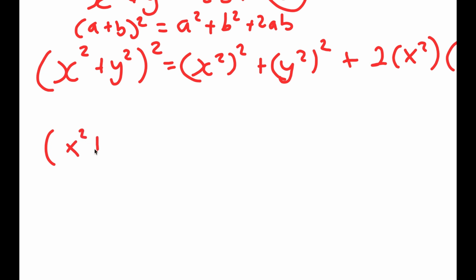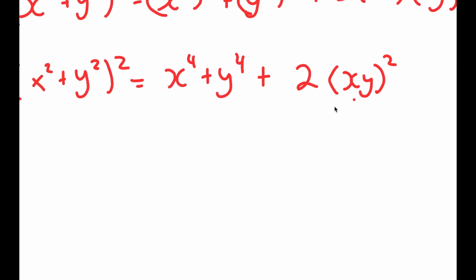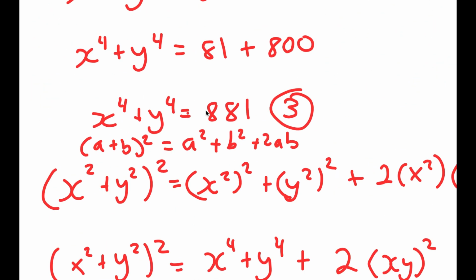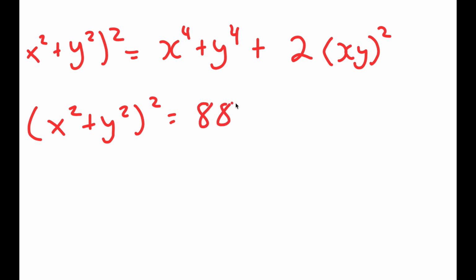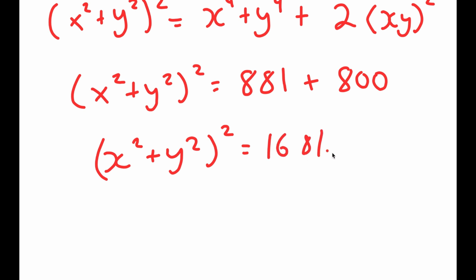And this is equal to x to the power of 4 plus y to the power of 4 plus 2 times (xy) squared, which, remember, we already know was 800. So now I get (x squared plus y squared) squared is equal to x to the power of 4 plus y to the power of 4, which we already have as 881, so 881 plus 800. And this means that (x squared plus y squared) squared is equal to 1681.